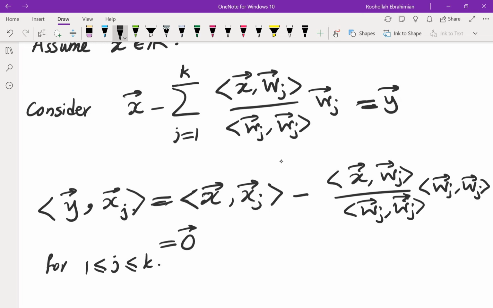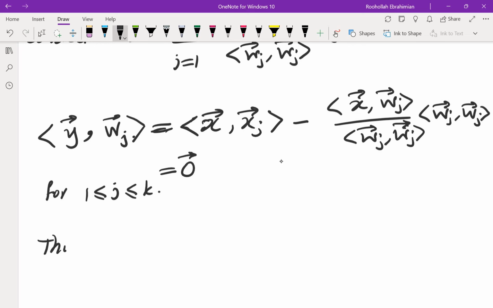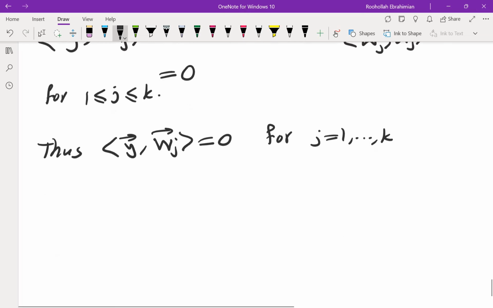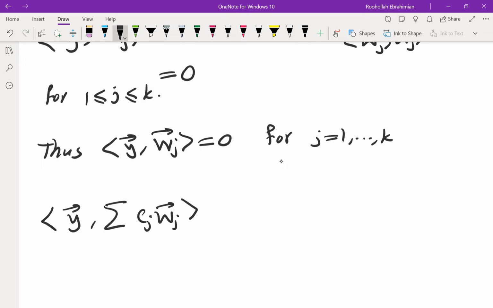So what we just showed is that if you take the dot product of Y and Wj, you just get 0. Thus, Y Wj is 0 for j equals 1 through k. Now, if you take Y inner product with the sum of cj Wj, j equals 1 to k, this is 0 by bilinearity.